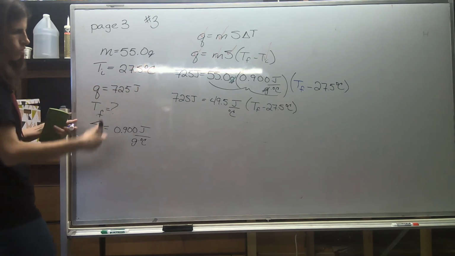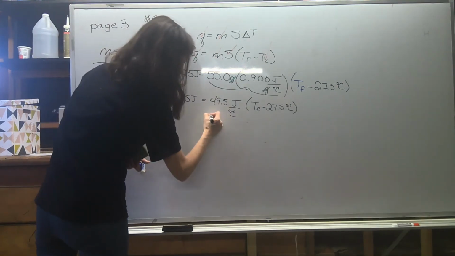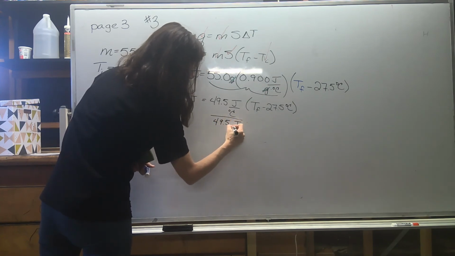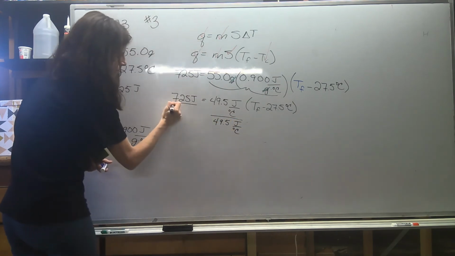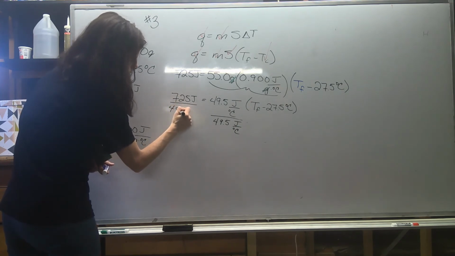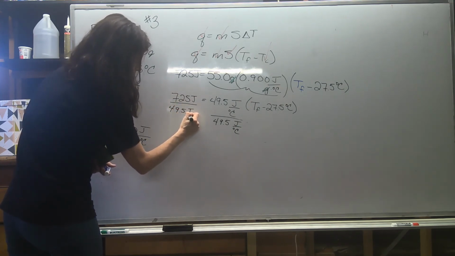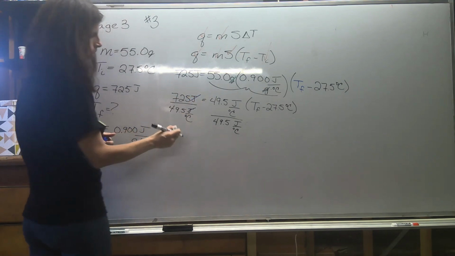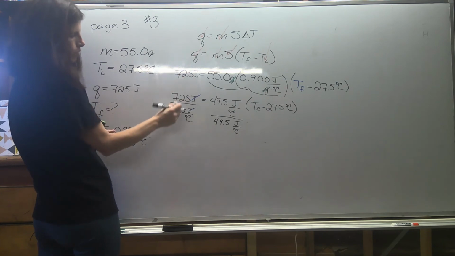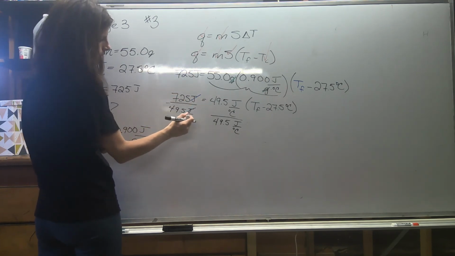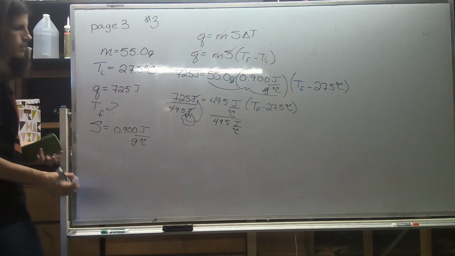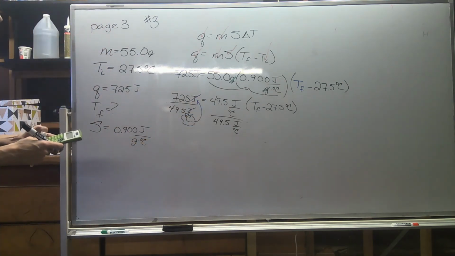And again, distribution is a pain, so let's just divide this over. So 49.5 joules divided by degrees Celsius. Joules will cancel joules. Whenever you're in the bottom of a double fraction, like there's a fraction part here and then there's another fraction part here, the units will get flipped up to the top. So I'm going to do 725 divided by 49.5.